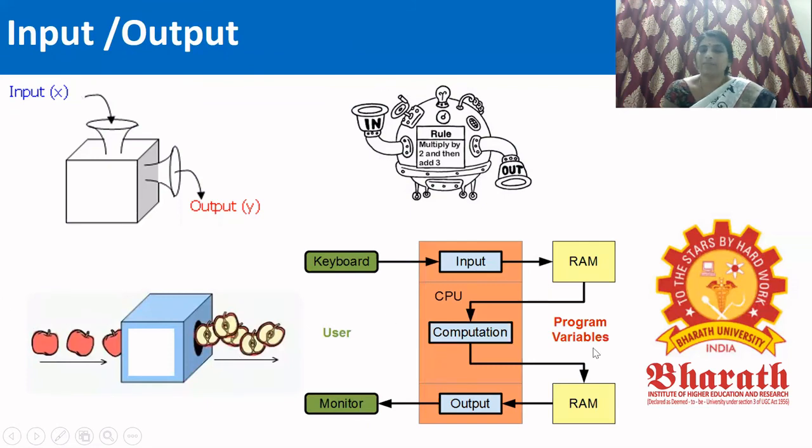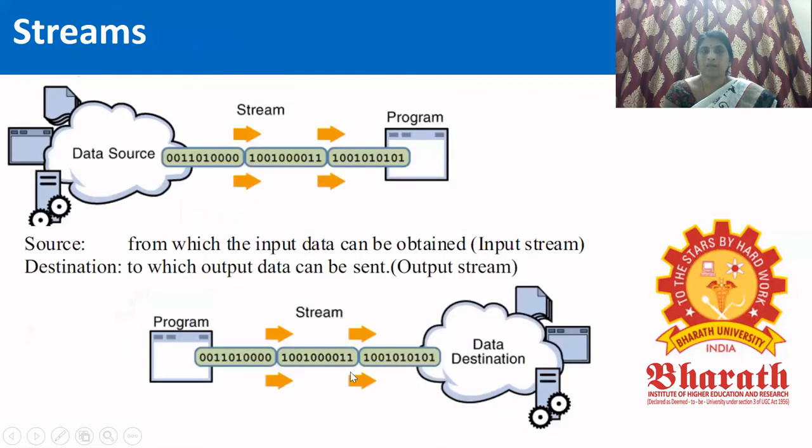Same way, I have a system with an input and I get an output. So input through the keyboard is stored in the memory, the computation is done and the output is shown in the monitor. In C language, whatever data comes from the input is treated as streams. Streams are nothing but a group of bits sent to the program.